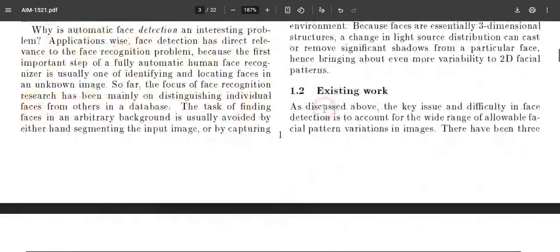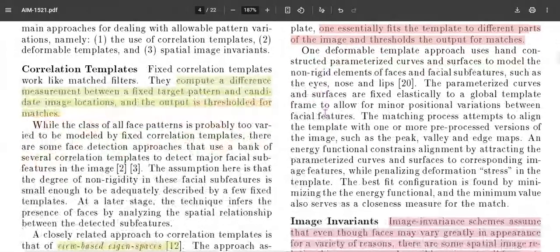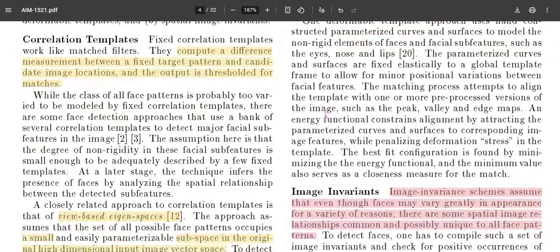At that time there were no famous neural network deep learning methods. People more or less relied on some kind of template matching. So what is template matching?